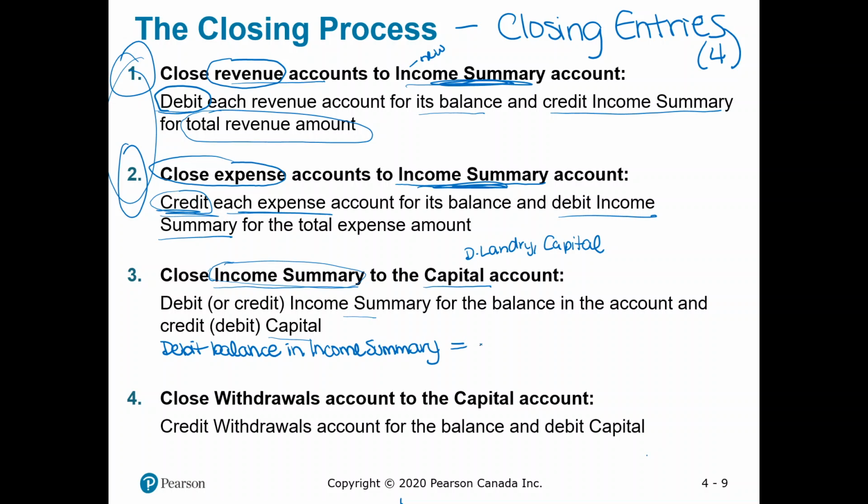This means that in the year you had a net loss. If there's a credit balance in income summary after entries number 1 and 2, that means you had net income, so a positive net income.